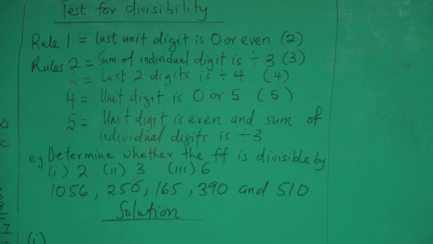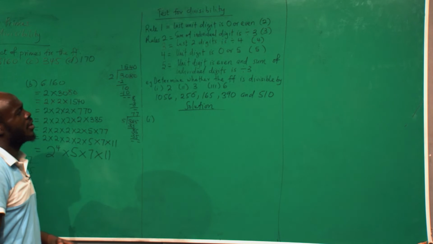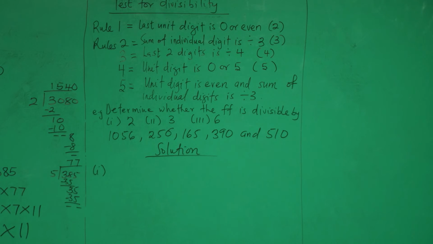Now, this has been given in an examination question, and you need to move very fast so that you can solve all questions. They say determine whether the following are divisible by (i) 2, (ii) 3, (iii) 6.